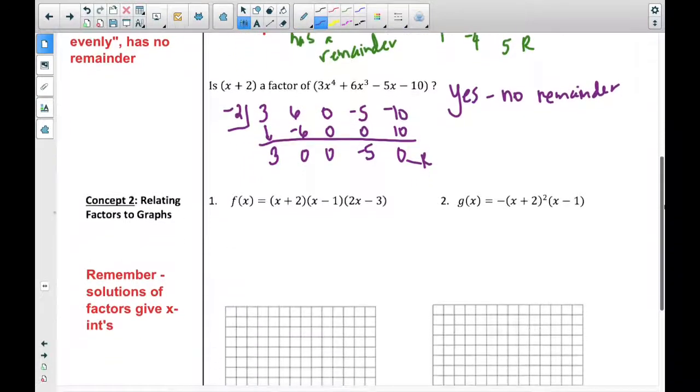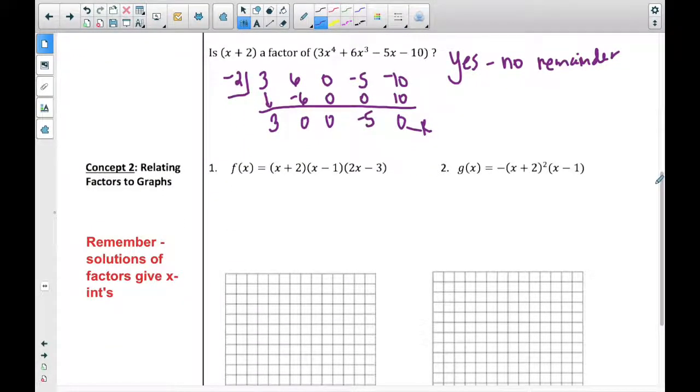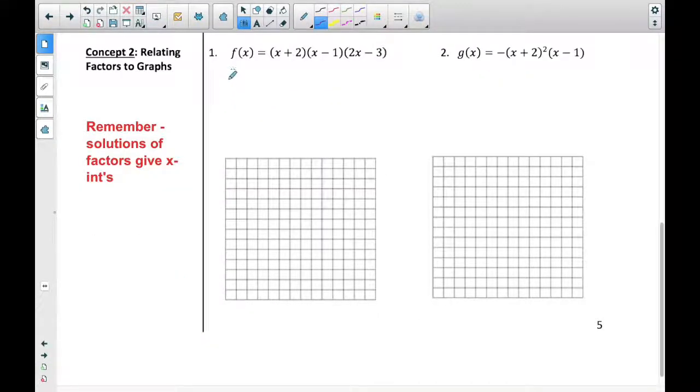All right, let's look at the next section, a slightly different concept. Here we're going to relate factors to graphs. Do you remember when we did quadratics? If we had it in factored form, what did that give us? Well, that gave us the x-intercepts. That's what I wrote over here in the margin: the solutions of the factors give us the x-intercepts.